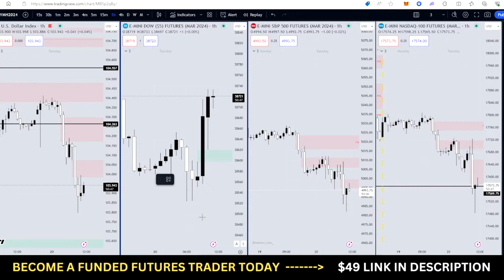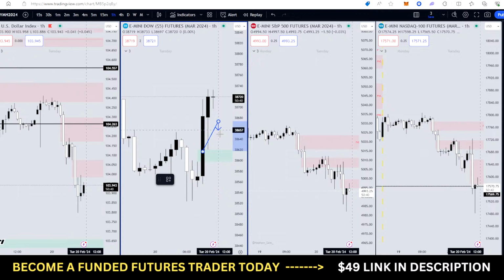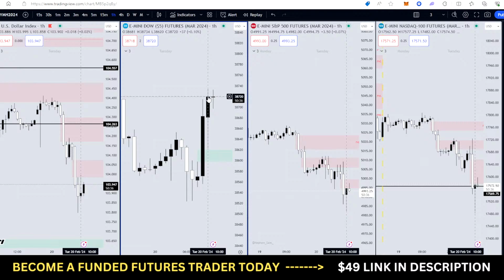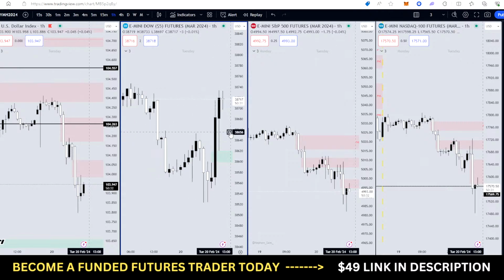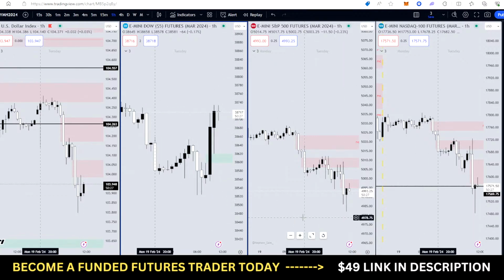I was thinking that it would do something like this when it was going up. It would have traded into the fair value gap somewhere and then traded back down. But it continued up and closed above. So for now, we're not looking for bearish prices on the dollar.